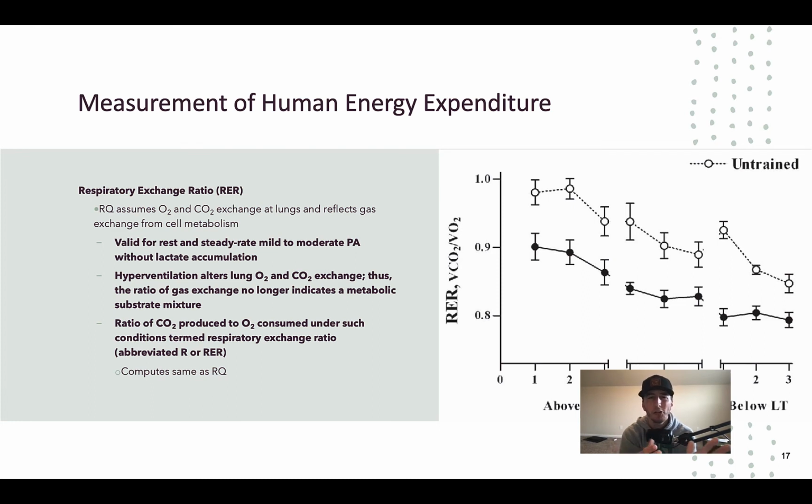Does that make sense? So as we increase in intensity of exercise, we're able to see an increase in carbohydrate oxidation, in carbohydrate utilization, and the intensity of exercise actually tracks with the carbon dioxide production.